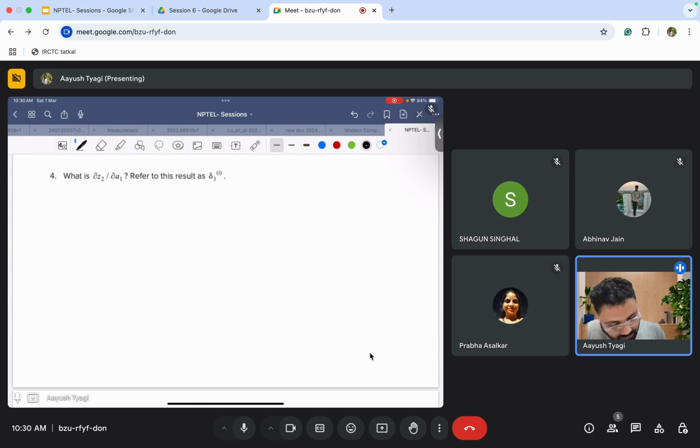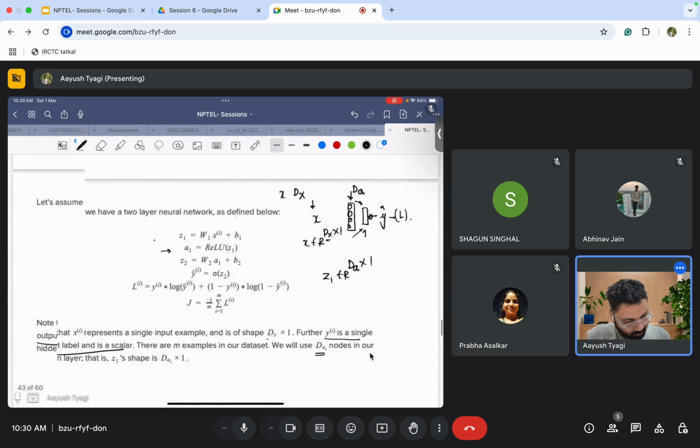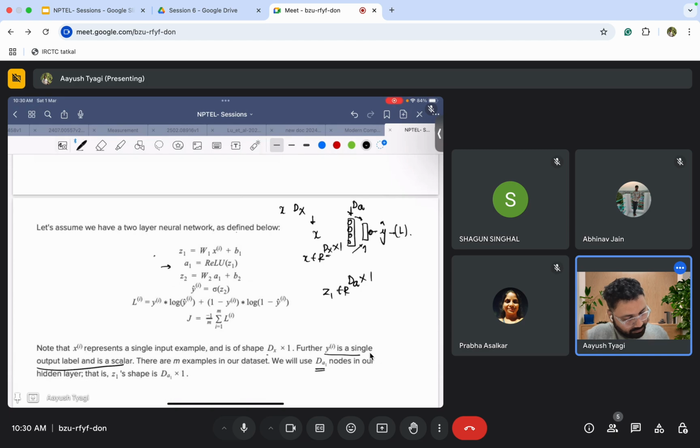Next we are looking at z2 with respect to a1. What is z2? Z2 is w2 a1 plus b2.